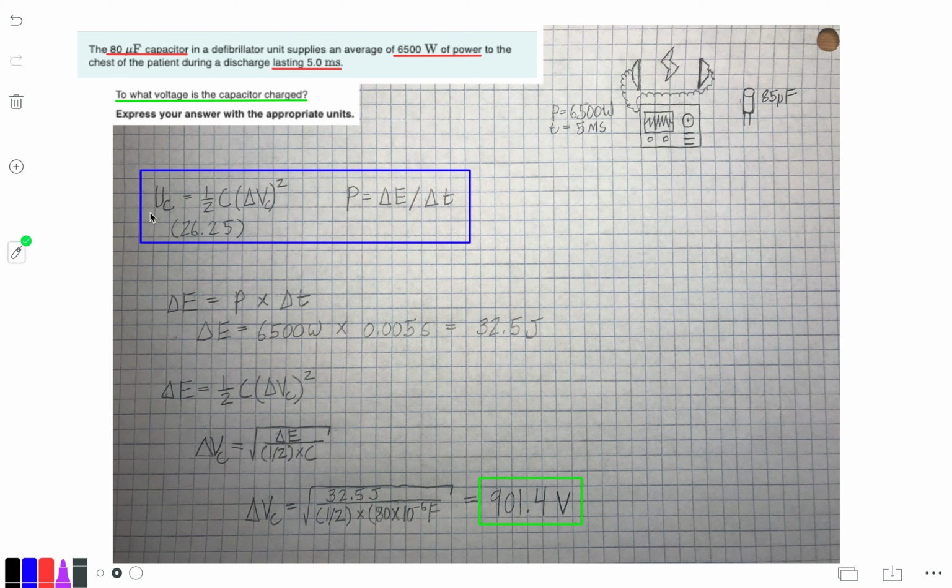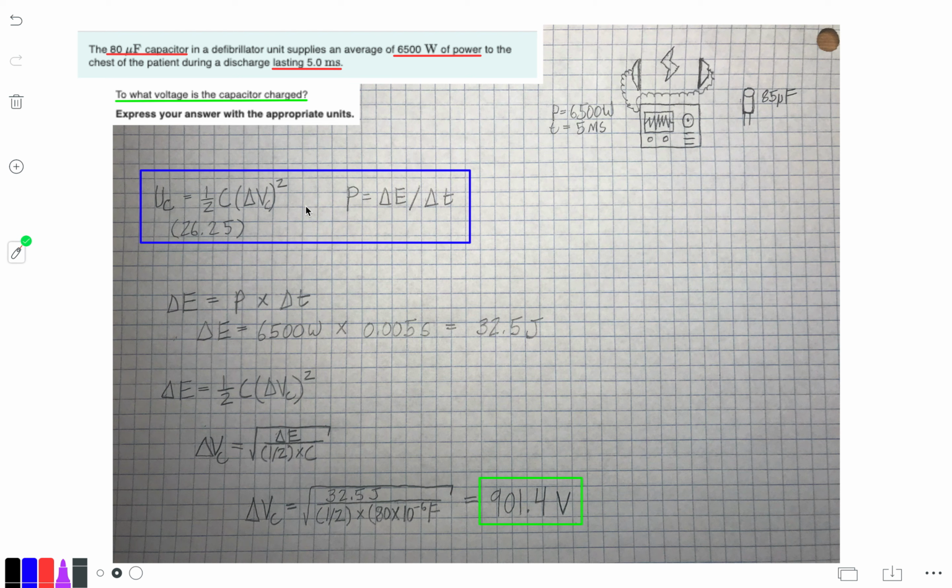So just getting into the problem here, we have two equations that we're going to be predominantly working with, one of which is the 26.25 equation, in which we are given the potential energy of a capacitor. And for this, it looks actually extremely similar to that of the kinetic energy equation. And we also have our equation for power here, which is the change in energy divided by the change in time.